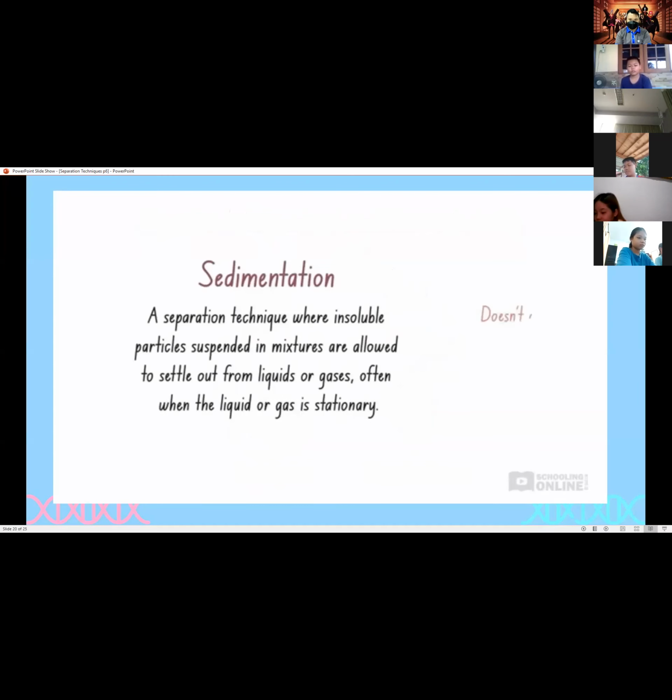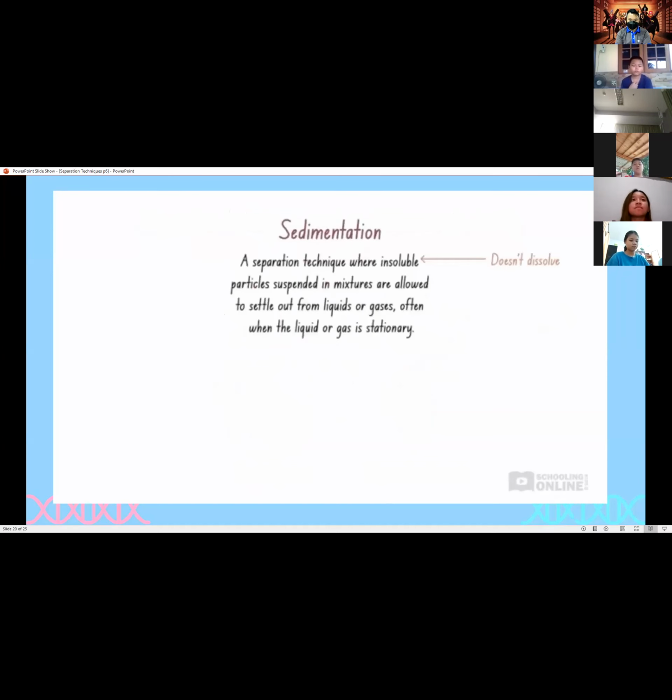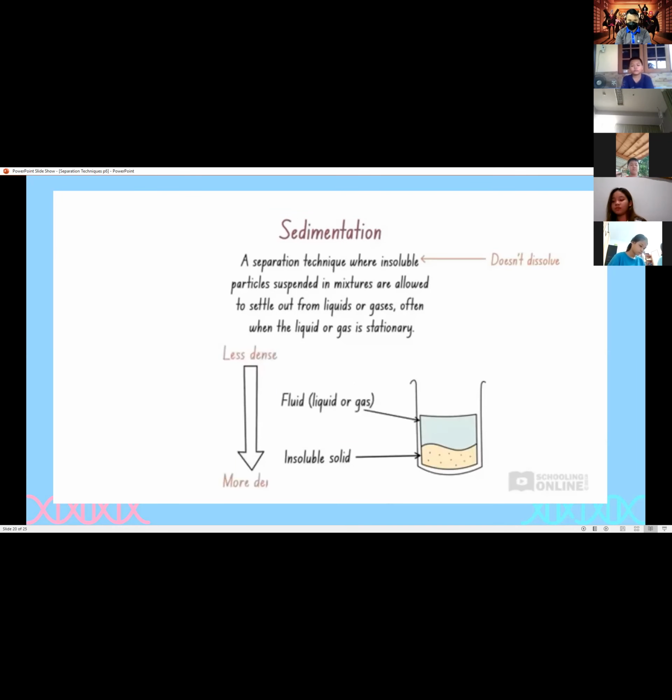In other words, if a solid particle cannot dissolve and is more dense than the surrounding mixture, then it will fall to the bottom. Sedimentation is often used to separate insoluble solids from mixtures containing insoluble solids and a liquid or gas. Liquid and gases can be referred to as fluids.